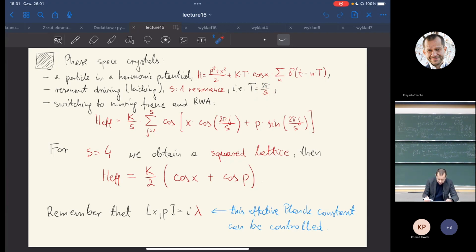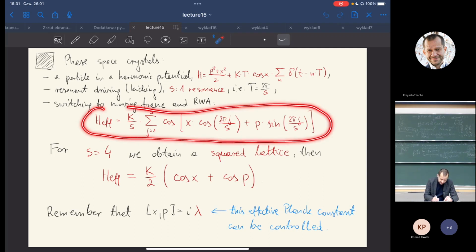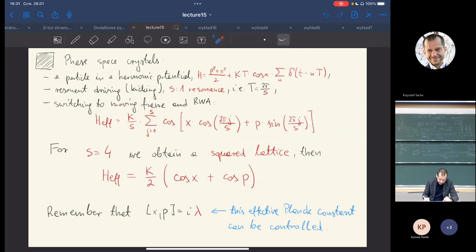And then what we do, we switch to the moving frame, and in the moving frame, we average over time. So we keep only time-independent terms. And in general, these time-independent terms lead to the following effective time-independent Hamiltonian in the moving frame.